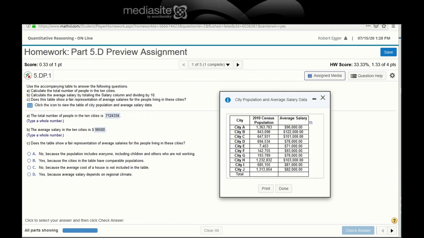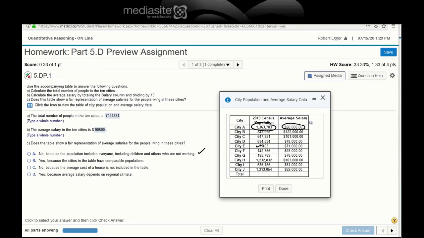So you've been pondering. Let's look at them again. No, because the population includes everyone, including children and others who are not working. That has possibilities. Because this average salary is basically the total salary made in the city divided by this number, it is true that the average does include people who don't work. Yes, because the cities and tables have comparable populations?